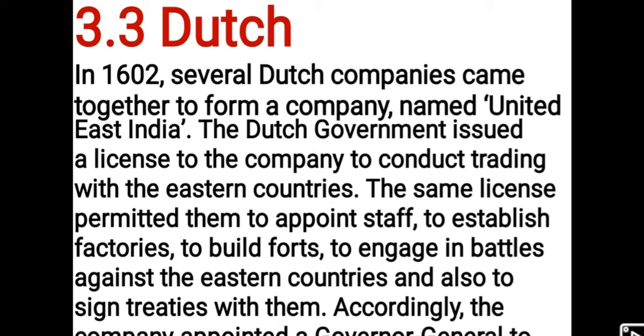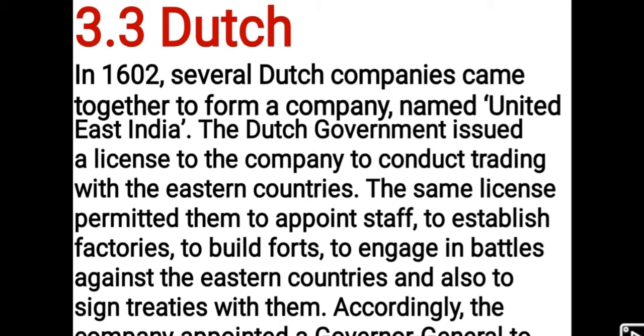In the year 1602, the Dutch company came to our country and formed the United East India Company. The Dutch government issued a license to the company to conduct trading with the Eastern countries, with proper permission.